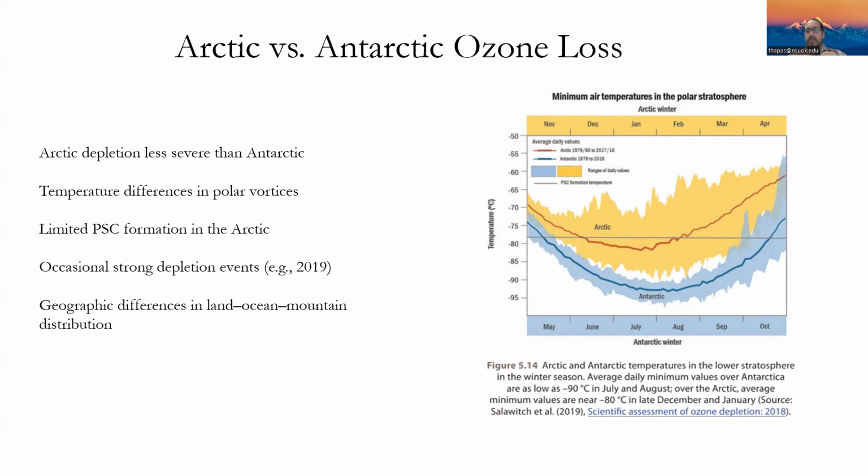As a result, ozone holes in the Arctic are sporadic and smaller, though strong depletion has occurred in years like 2019. This contrast highlights how geography and climate shape atmospheric processes at the two different poles of the Earth.